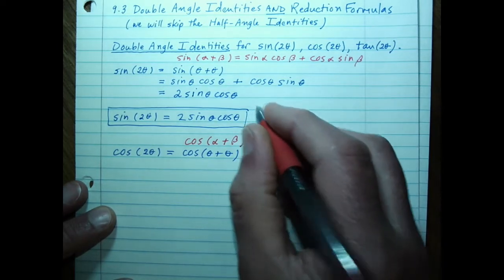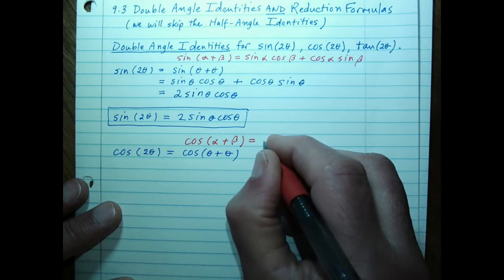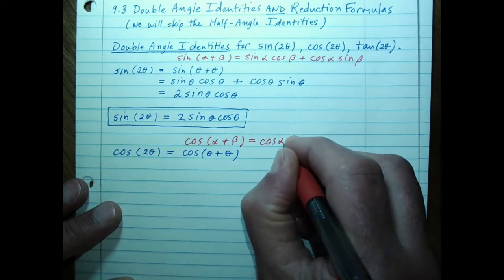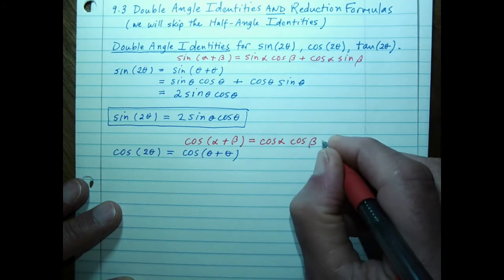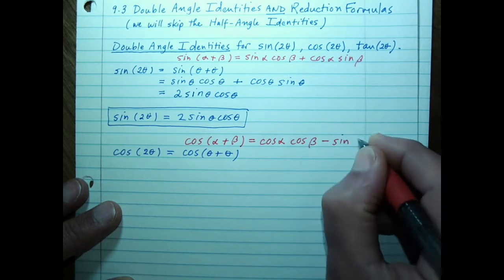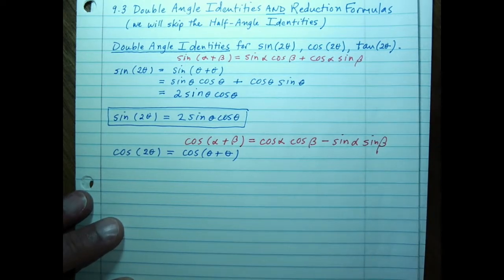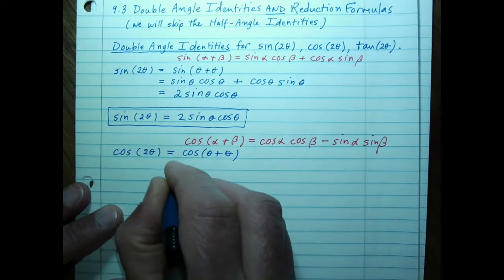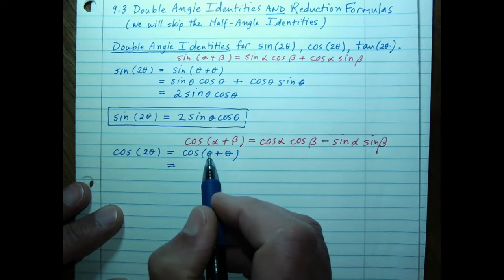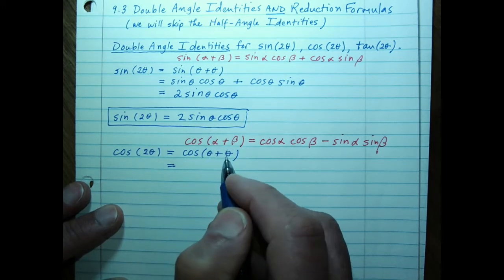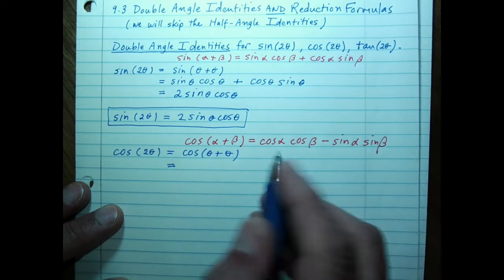And referring to my identity sheet or my notes from the previous section, I know that's cosine alpha cosine beta minus sine alpha sine beta. So I'm going to do the same kind of thing we did with sine. I'm going to set alpha equal to theta, beta equal to theta.